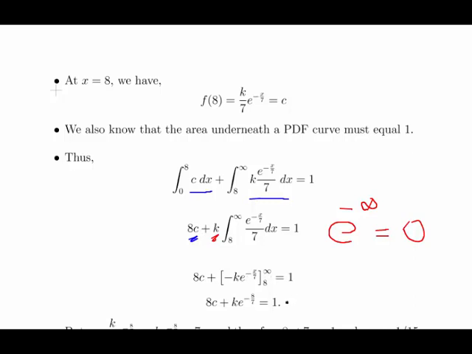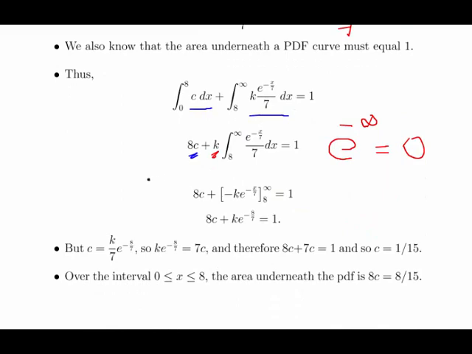Sorry, something I should have put in there: that is equal to k over 7 times e to the minus 8 over 7 as well. I forgot to put that step in above, and we have that expression there as well.